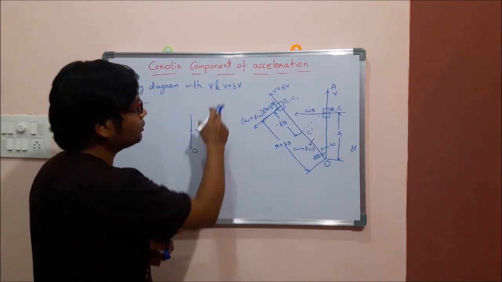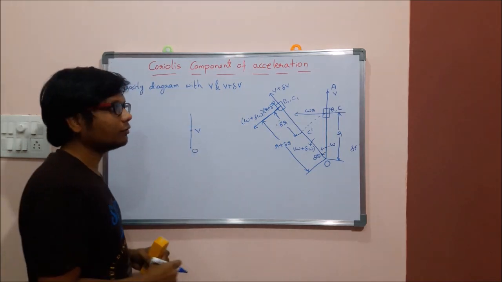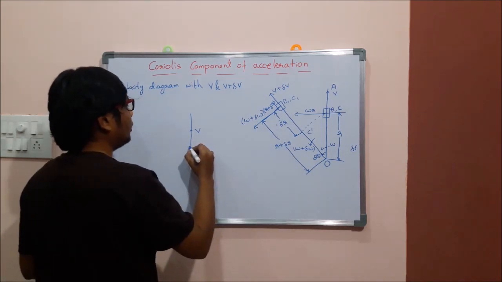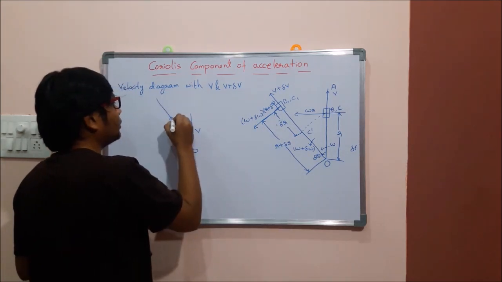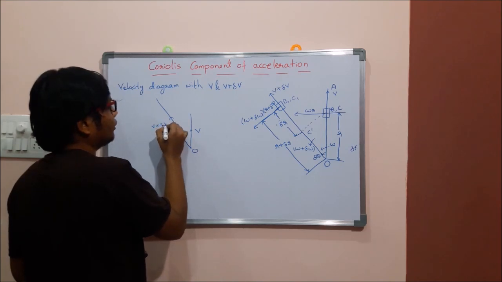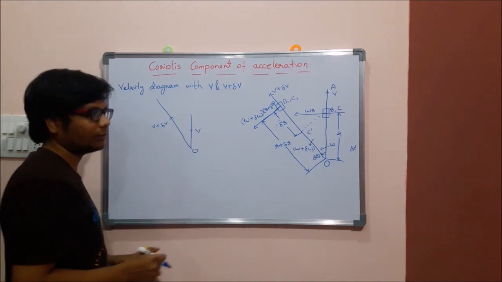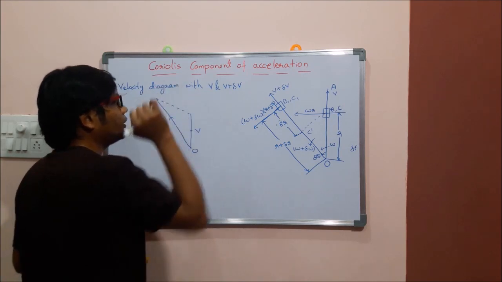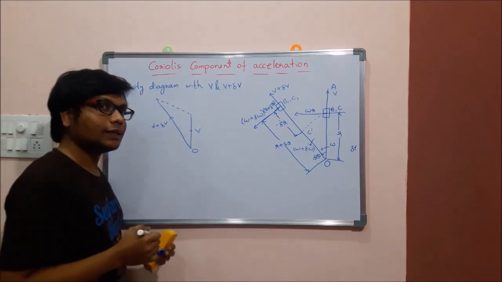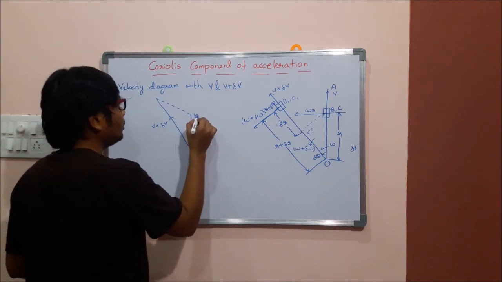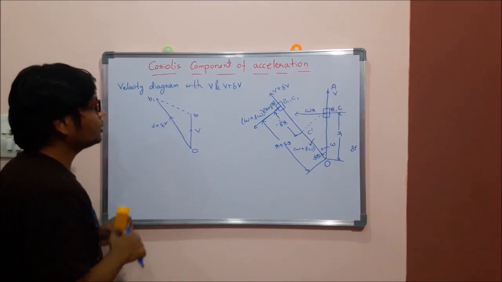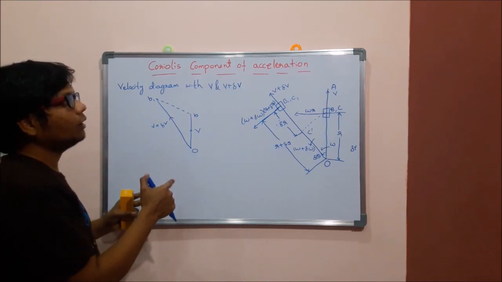Similarly, the next velocity, the final velocity, is v plus delta v. What is the direction? Along the link. So parallel to the link, we draw another line to represent v plus delta v, somewhat more than the initial velocity. When you join these two end points, that gives the change in velocity. Assume this is b and this is b1. So this is the change in velocity with respect to v and v plus delta v.